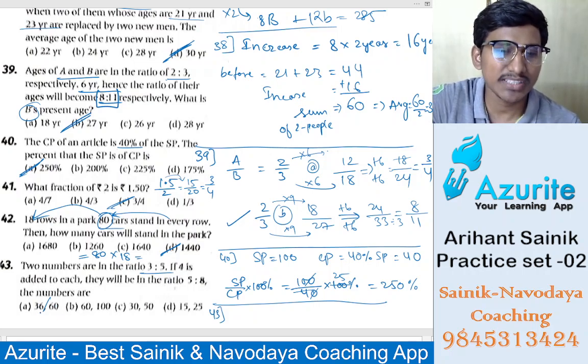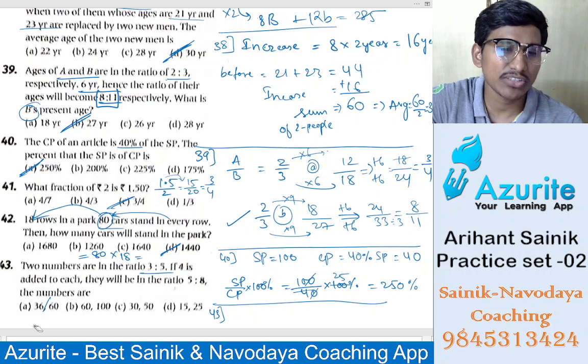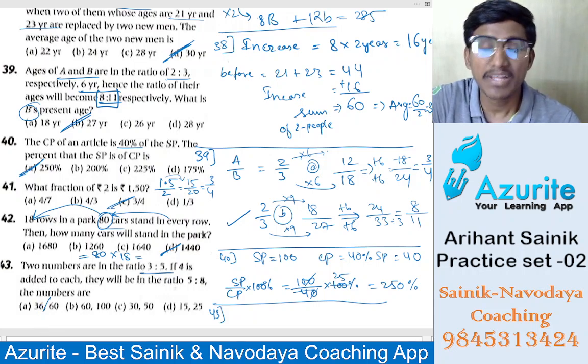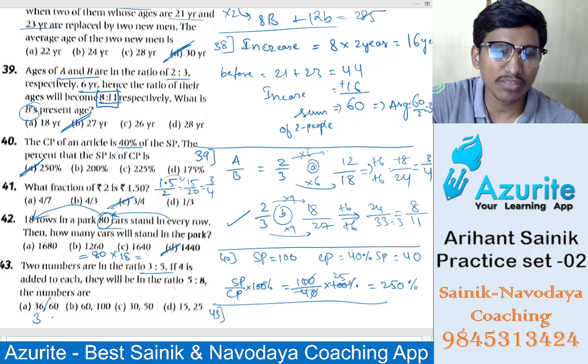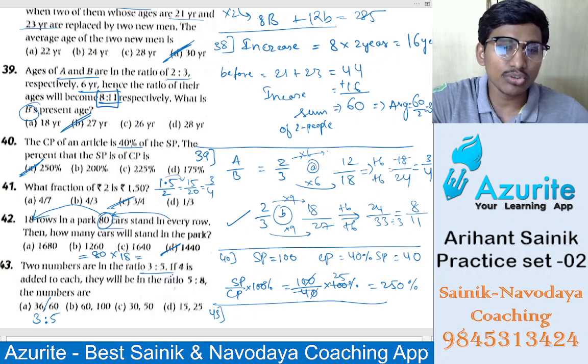6 tens are 60, 6 6s are 36. Again we can divide with 12. 12 3s are 36, 12 5s are 60, so 3 is to 5 is coming. Then we have to add 4.